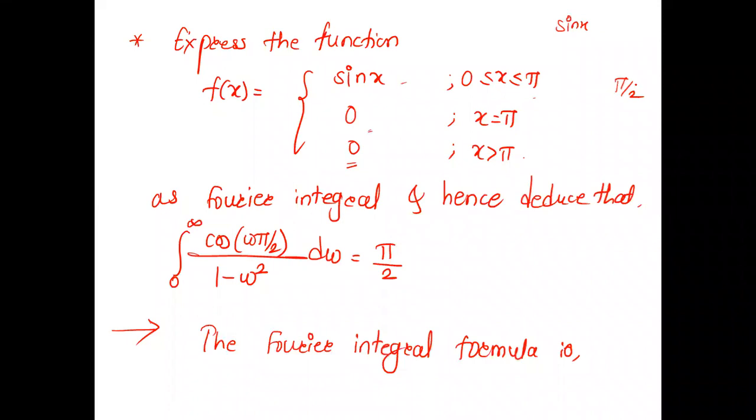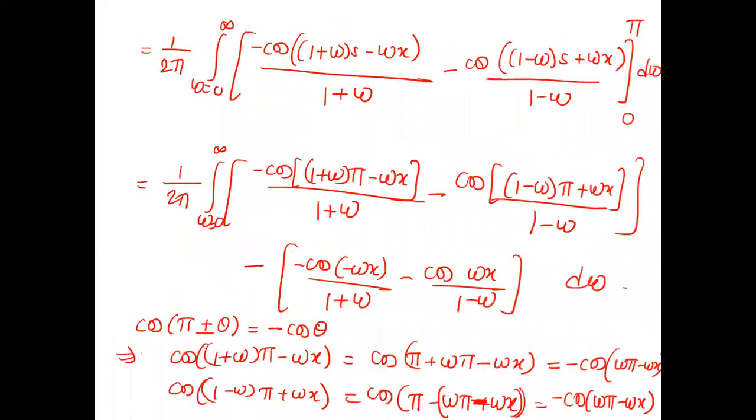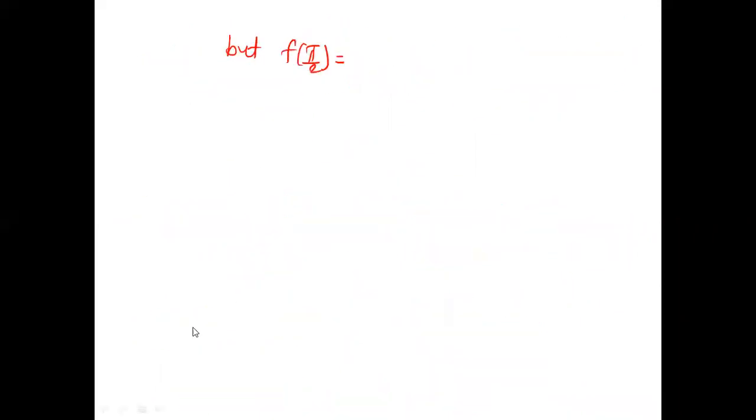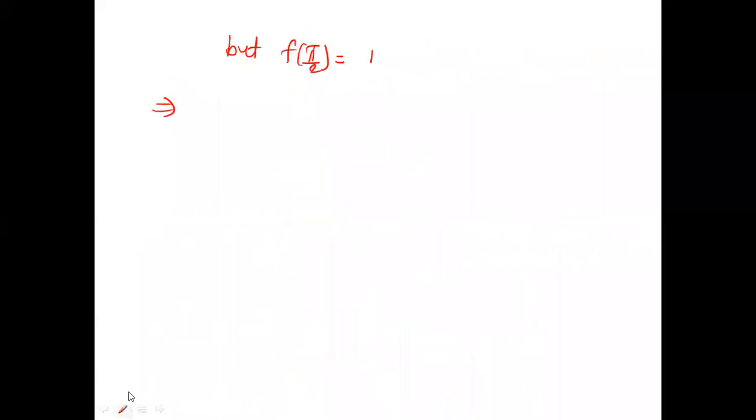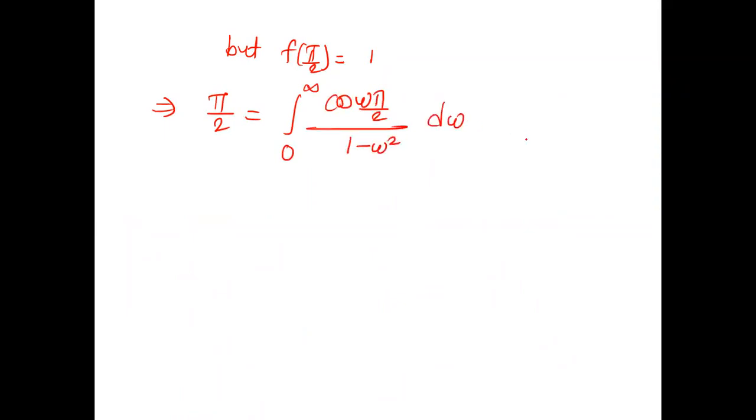So you are solving for pi by 2, meaning you are solving sin pi by 2. What is sin pi by 2? 1. So f of pi by 2 is 1. Writing that, you will get pi by 2 is equal to the integration 0 to infinity cos omega pi by 2 upon 1 minus omega square d omega. That was the show-that, hence the deduction.